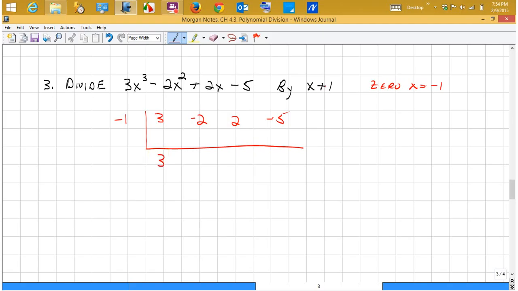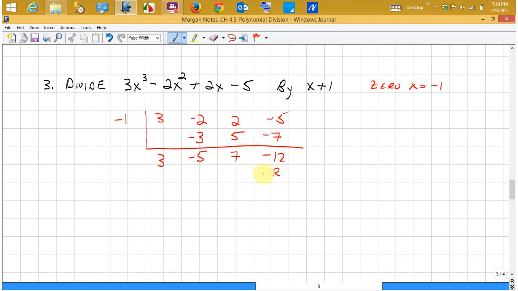Bring down the 3. 3 times a negative 1 is a negative 3. Let's add those together. I get a negative 5. Negative 5 times negative 1 is a positive 5. So I put that there on the next column. Add them, I get a 7. 7 times a negative 1 is a negative 7. Add, I get a negative 12.